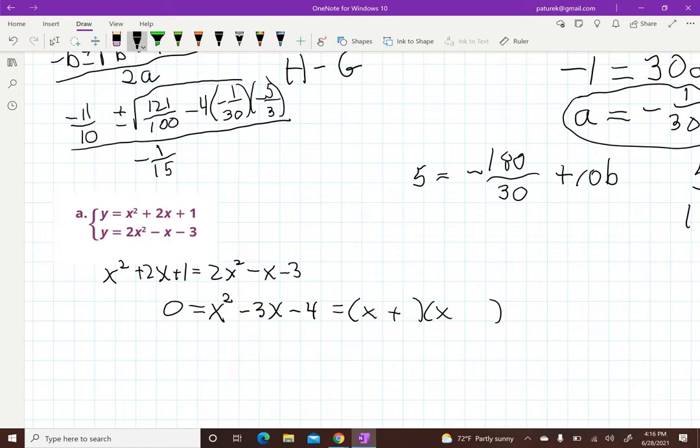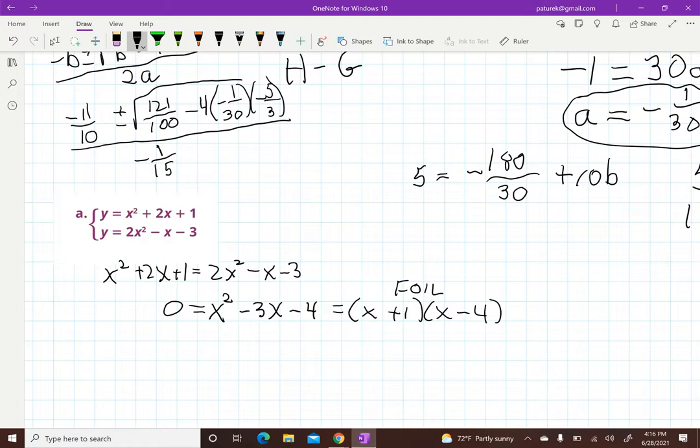So if I go plus 1 and minus 4, as a check by FOIL, first two, outer two, inner two, last two, I get x squared minus 4x plus 1x is minus 3x. 1 times negative 4 is negative 4. So I have two roots, so I have two solutions.